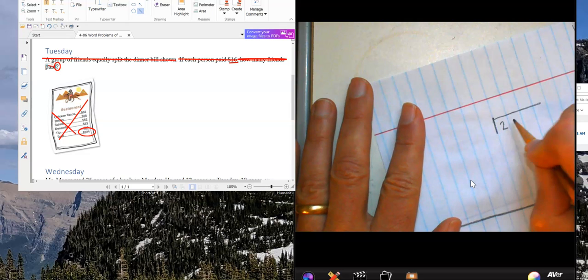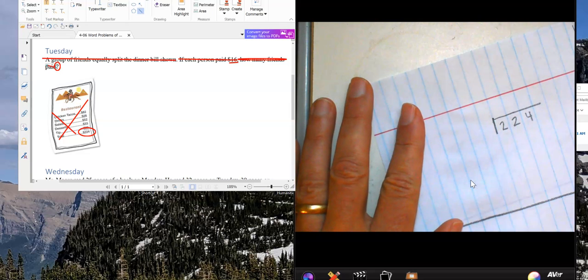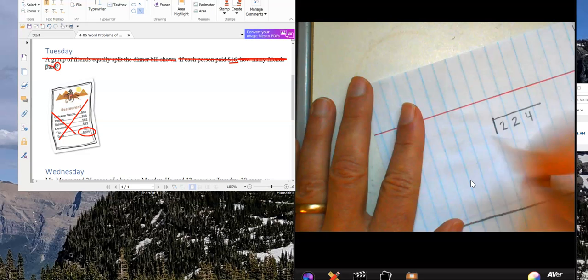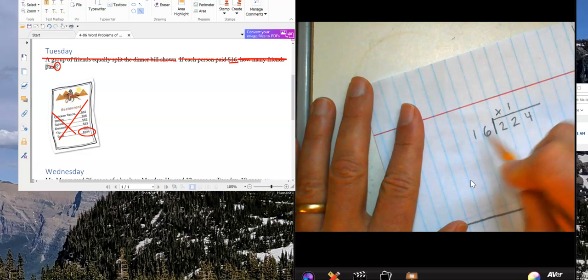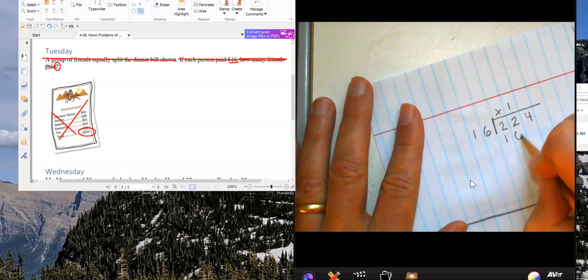So I'm going to put 224 inside my box. 16 is my divisor. I can't do anything with the first number, so I'll say 1 times 16 is 16. 22 minus 16 is 6. Drop down the 4.